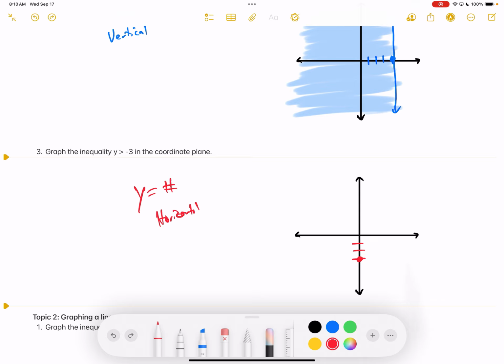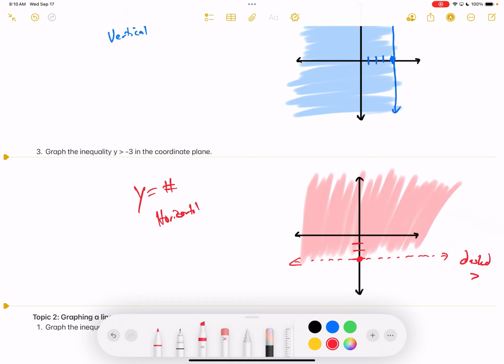This is y is greater than, so I am going to do a dashed line, because it is greater than. On Alex, there's a little button that you can toggle between solid or dashed. And since this is greater than, we know that y gets bigger as it comes up here, so I shade above the line on this one.